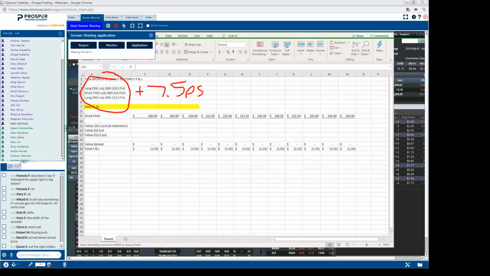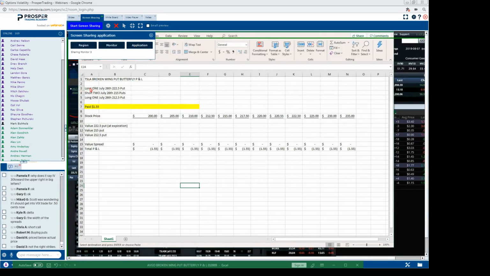Same concept. Yep, just had it wrong here. So this is actually the 225 put and the 217.5 put and the 215. Thank you. Okay. Same concept. I'm long a $7.50 wide put spread, and I'm short a $2 wide put spread.